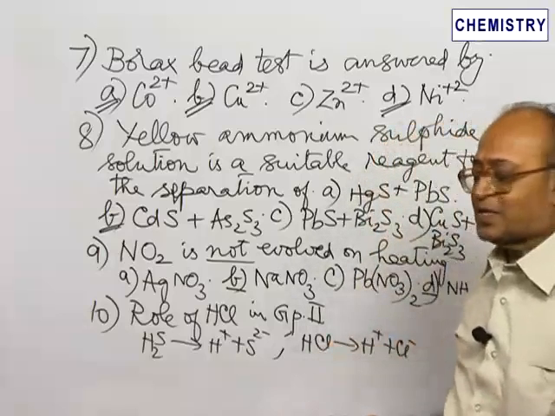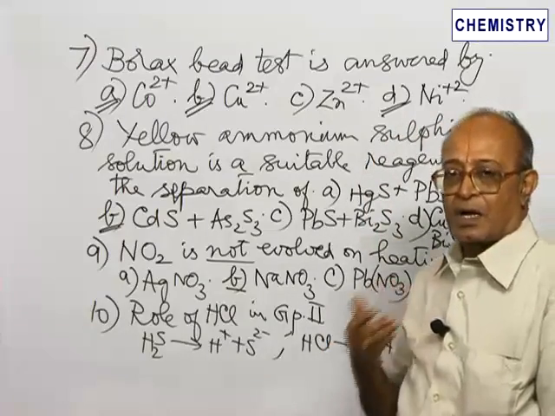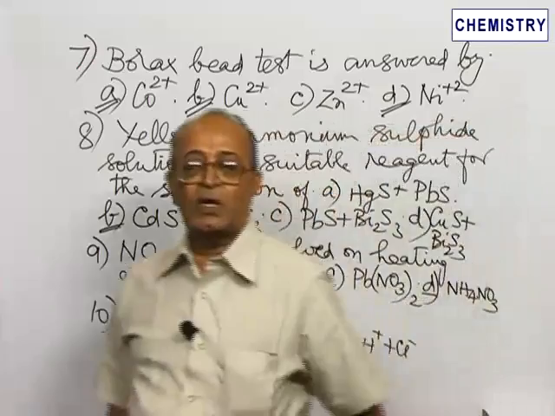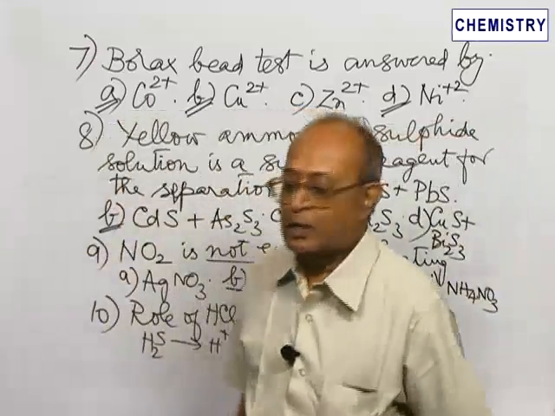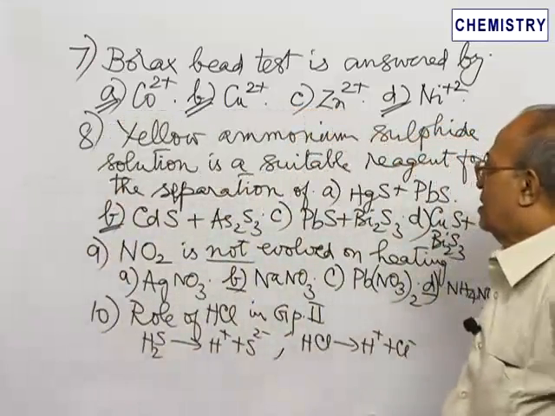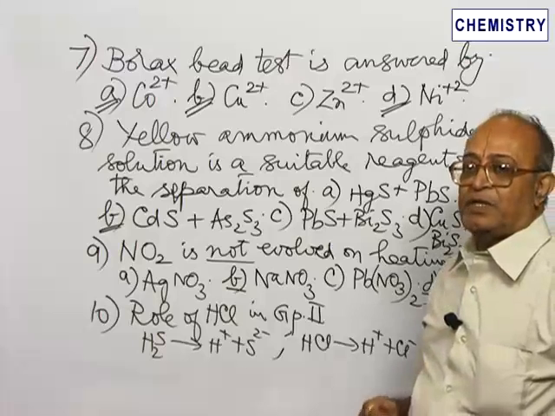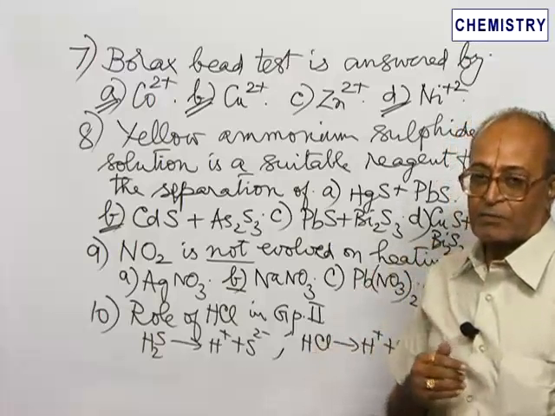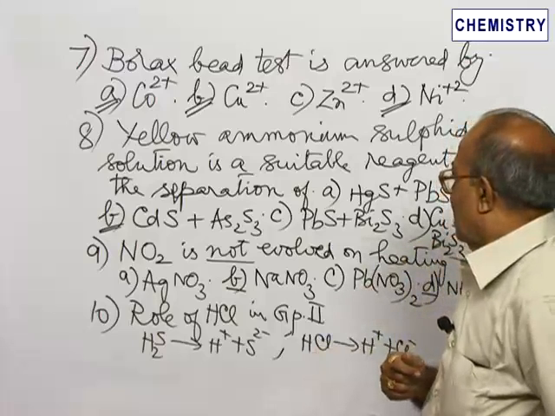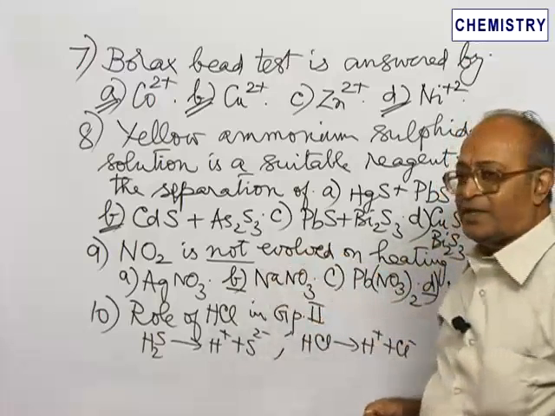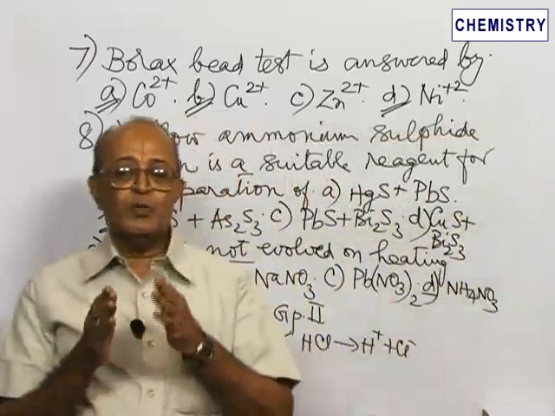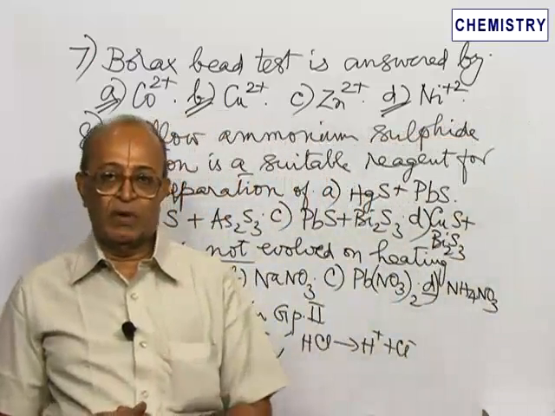Of these various ions, copper, cadmium, mercury, lead, etc., these are all present in group 2A. Arsenic, tin, etc., these form group 2B.